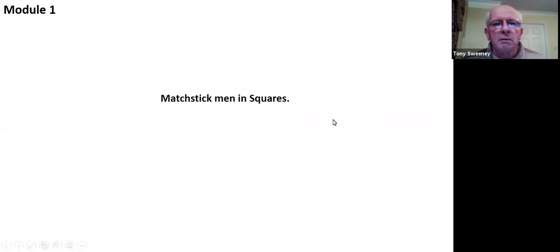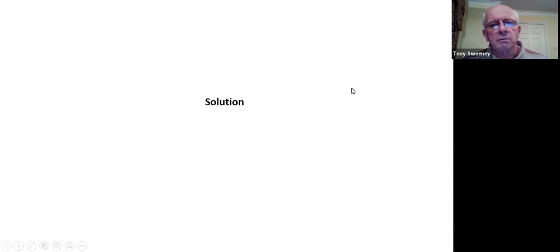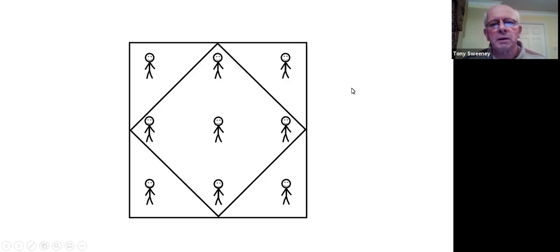So this is a little introduction, Matchstick Men and Squares, I call it. Using two more squares, put each matchstick man in his own space. So it could go like this, and like this.